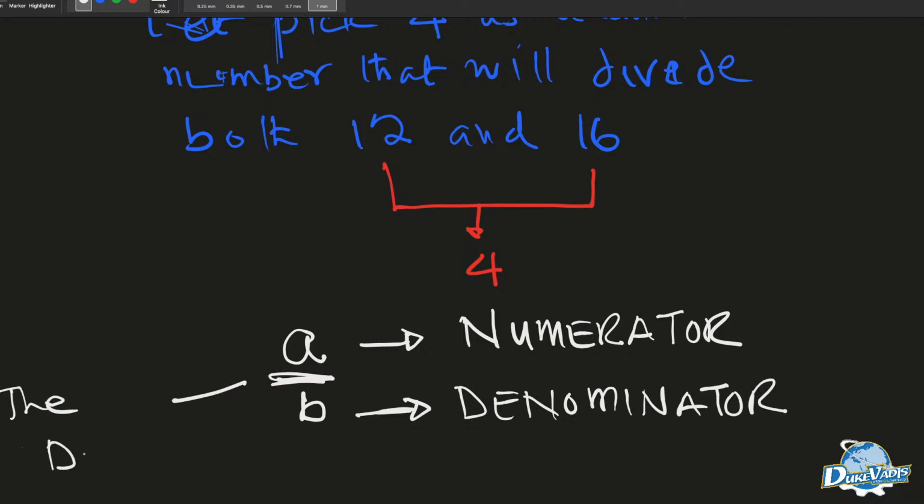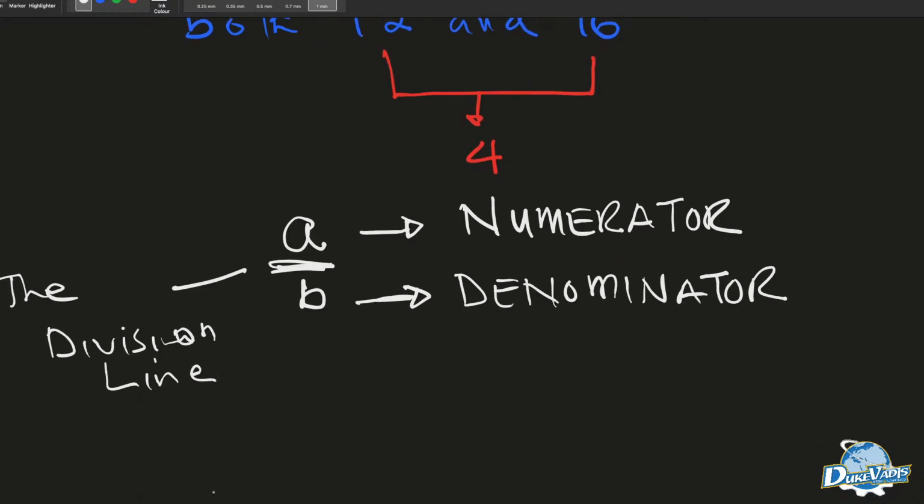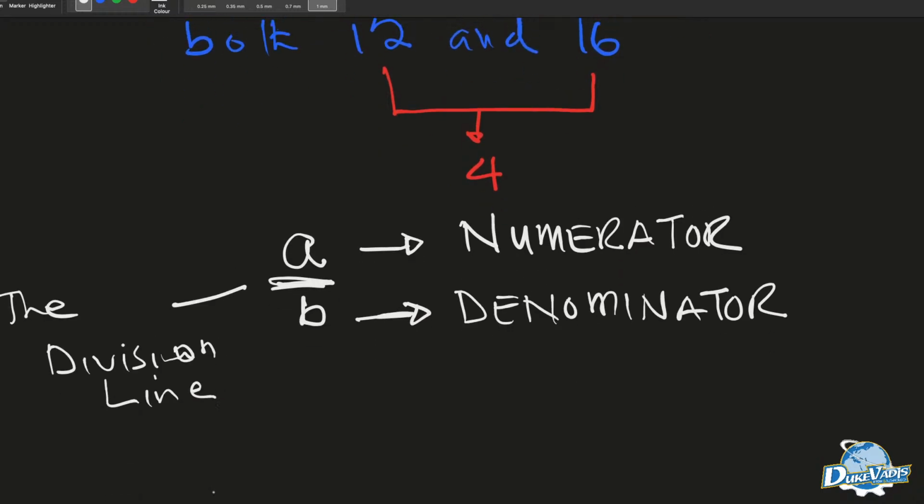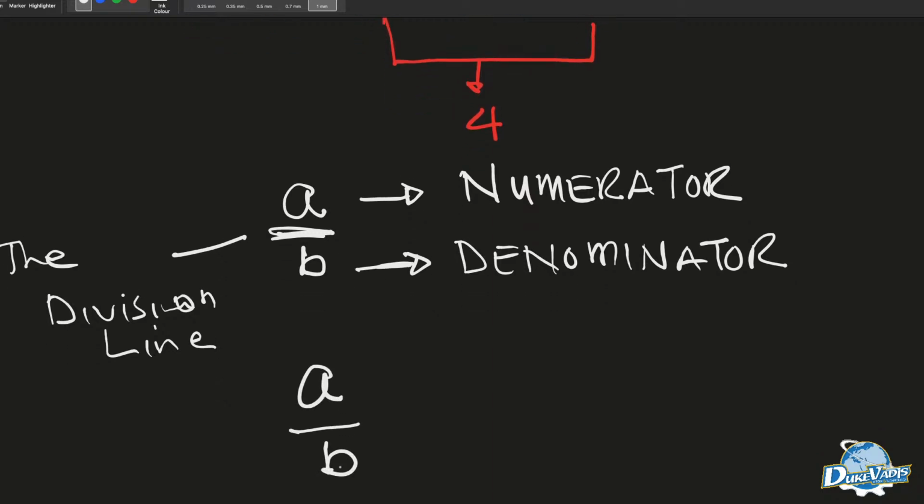The division line. You see, friends? So we have seen that a is called the numerator and b the denominator. But mathematically, we can also write a over b as a divided by b.